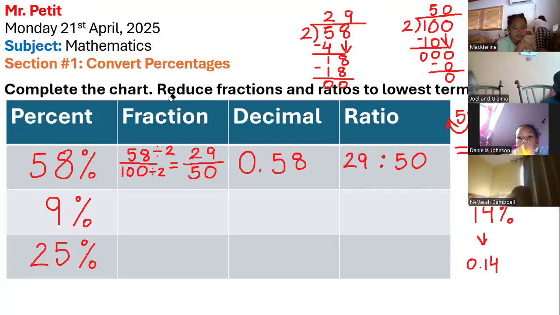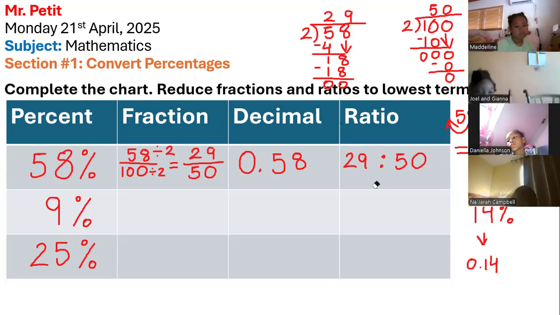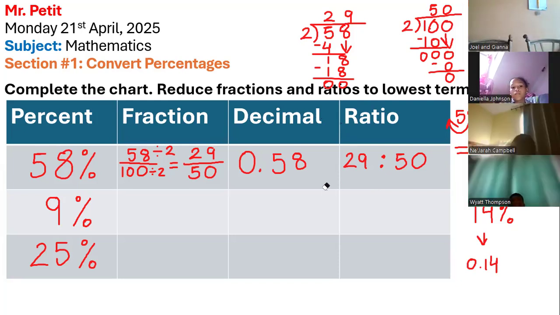Can you hear me? I can hear you now. Madeline, do you understand how I got 29 to 50? Not really. That came from the fraction when we simplified 58 over 100.